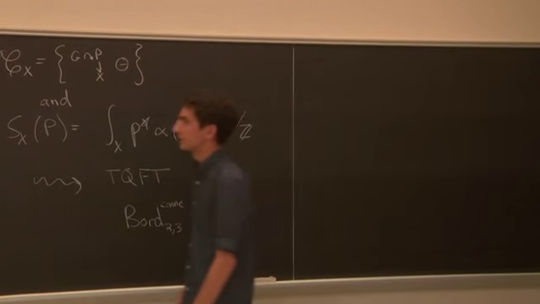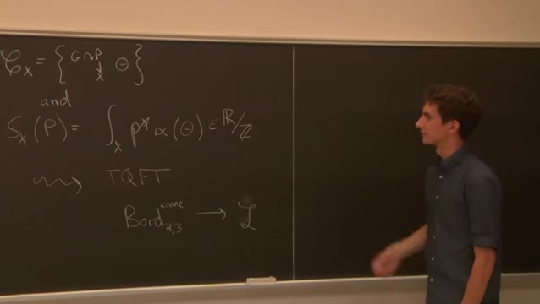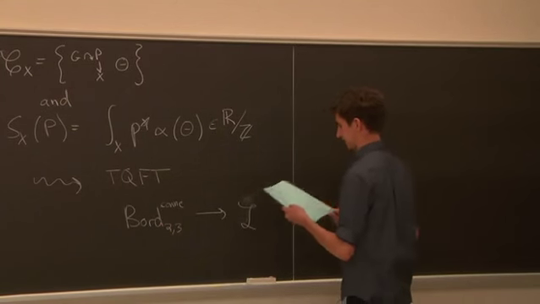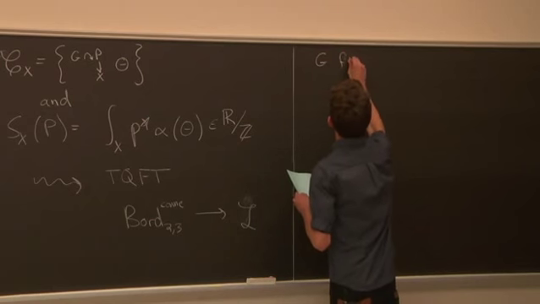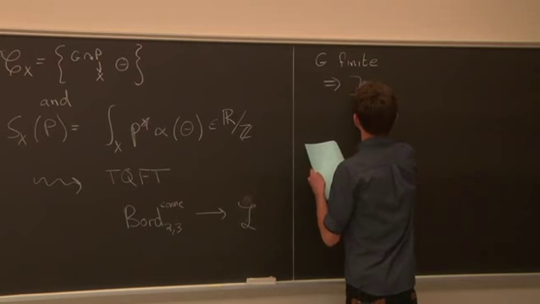So now in the case where we have a finite group, our Lie algebra is zero-dimensional, so there's only one unique connection for any bundle.